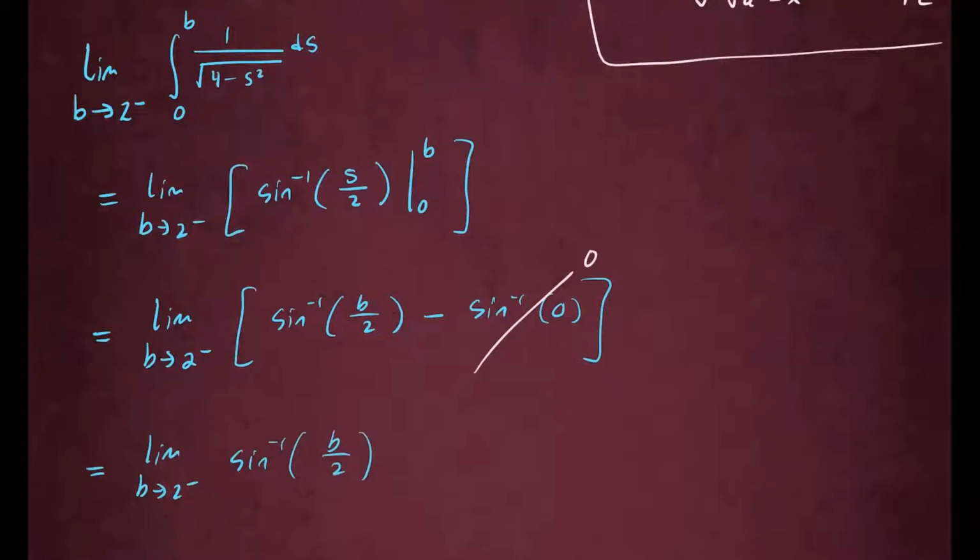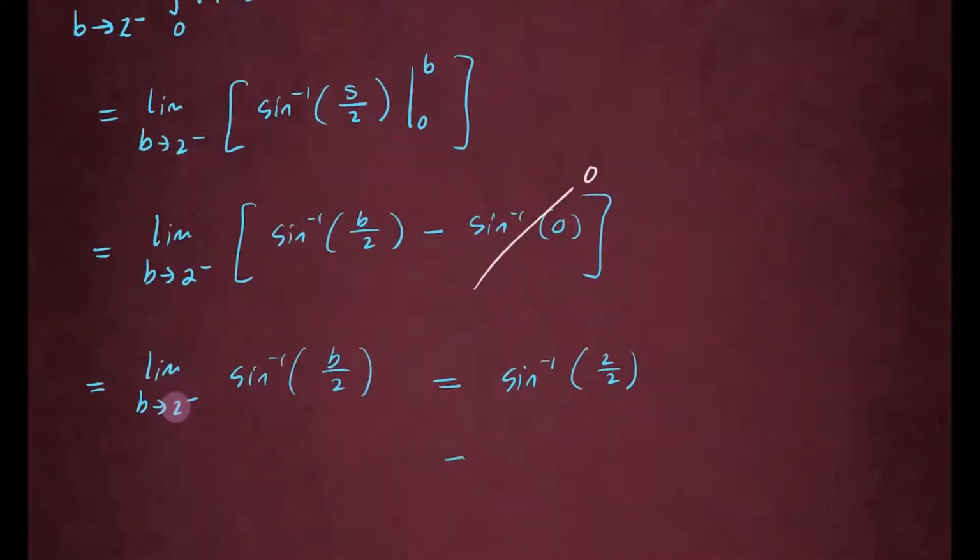Now, as b approaches 2 from the left, I can do the direct substitution since I don't get an undefined statement. So I can drop the limit. We're evaluating sine inverse of 2 over 2. So I simply replace b with 2, and we know this is equal to sine inverse of 1.